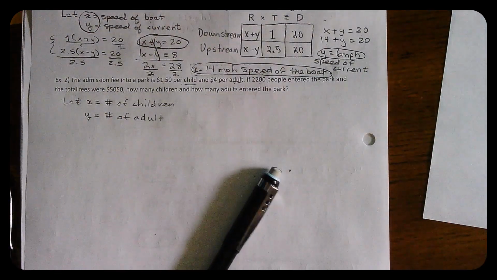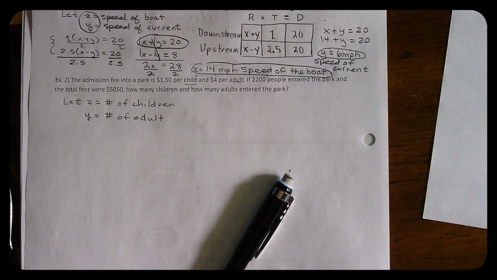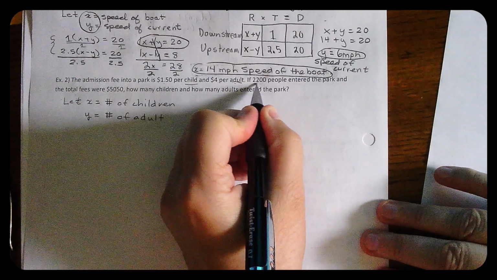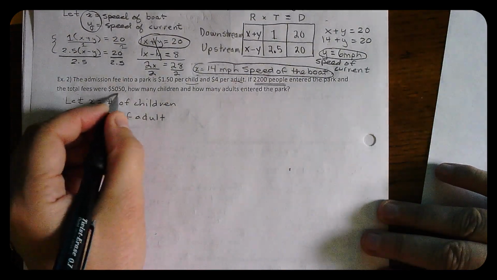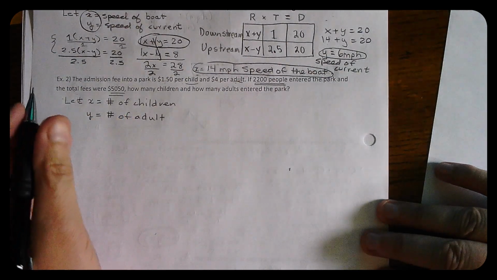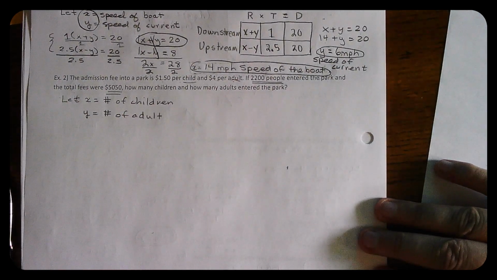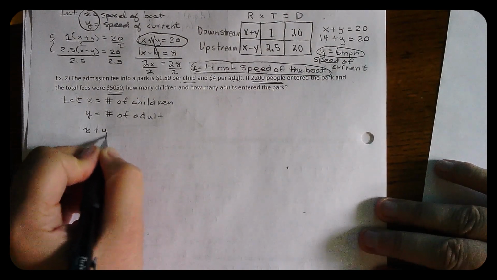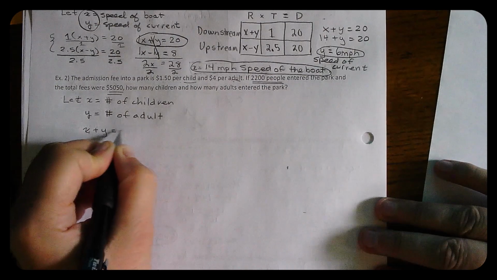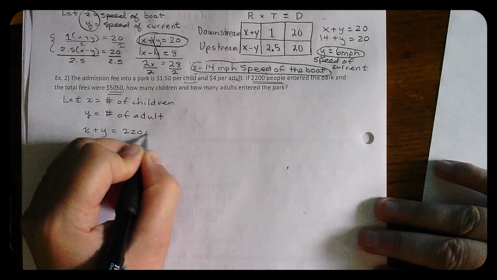For these types of problems, you're given total amounts a lot of times. So you have a total people amount of 2,200, see that? And you have a total money amount of 5,050. So you're going to write a total people equation. Well, people are made up of children and adults. So x plus y, the number of children plus the number of adults, is going to equal 2,200.